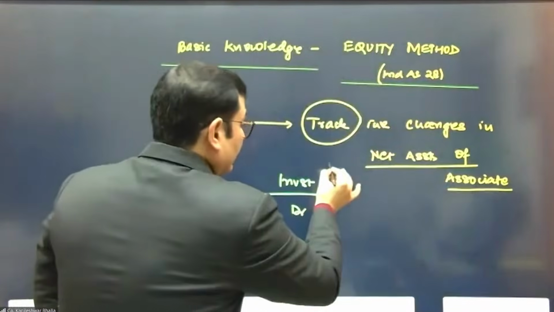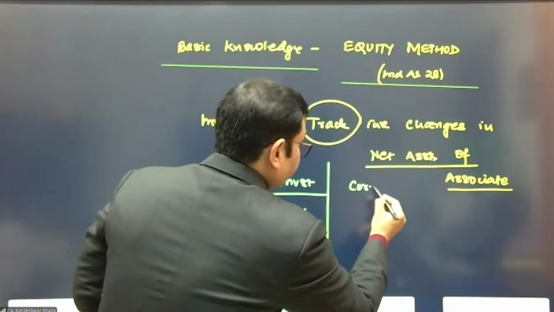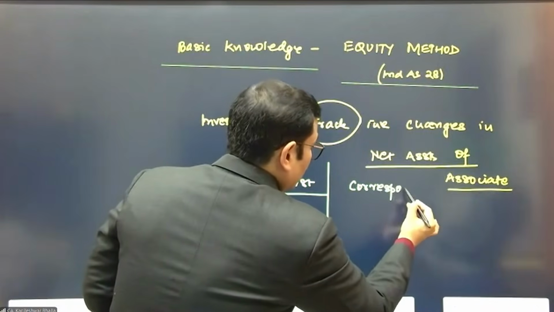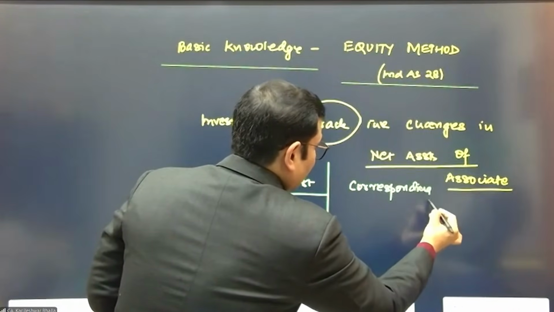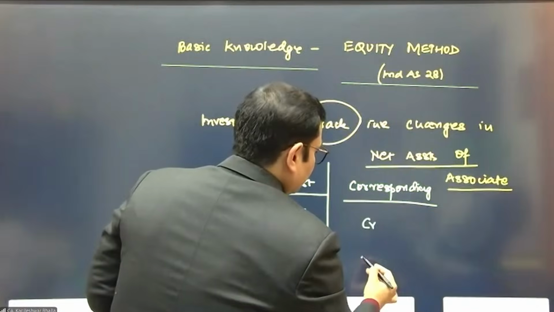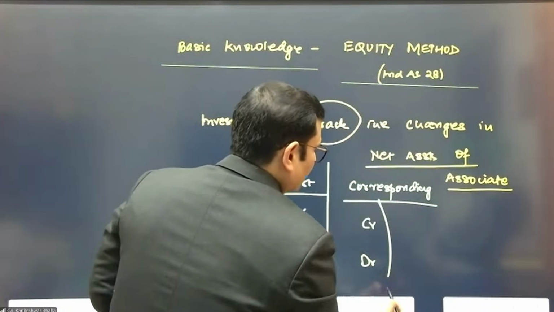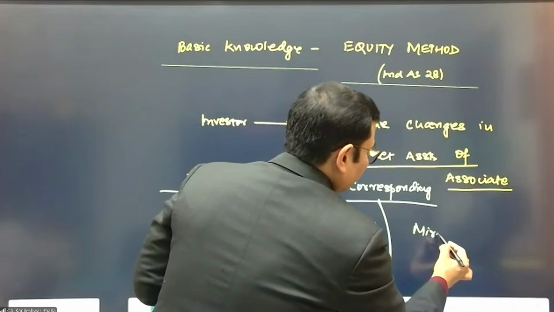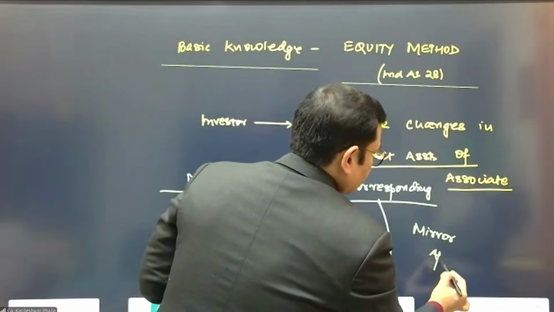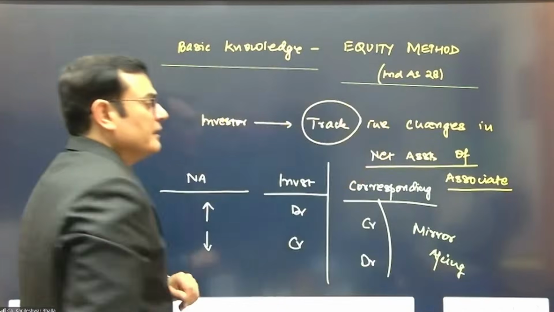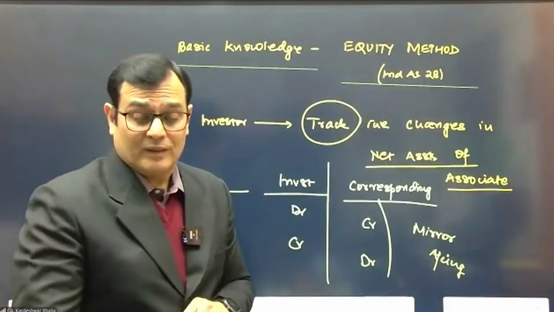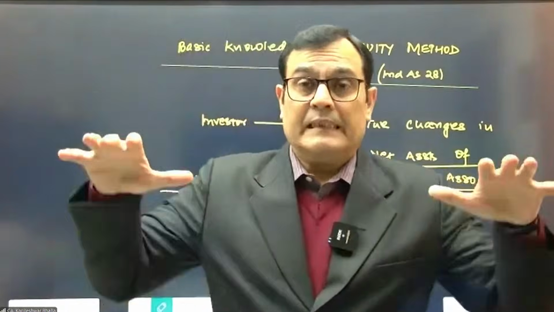Now, where do I take the corresponding credit or debit? The standard setters decided that the corresponding credit or debit is going to be a mirror accounting. Now, what is that mirror accounting?